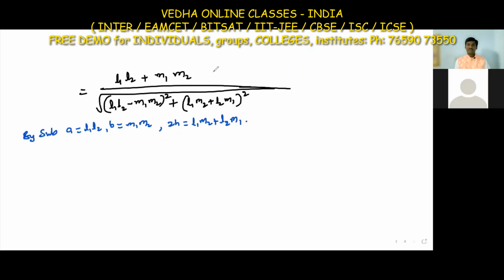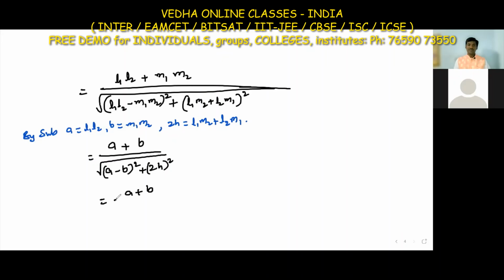Now if we substitute these values, L1 L2 that is A and M1 M2 that is B, whole, divided by under root of A minus B whole square plus this is 2H whole square.